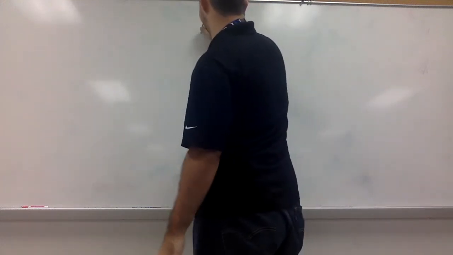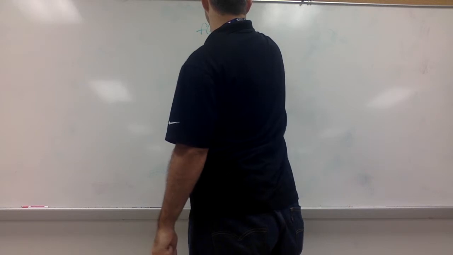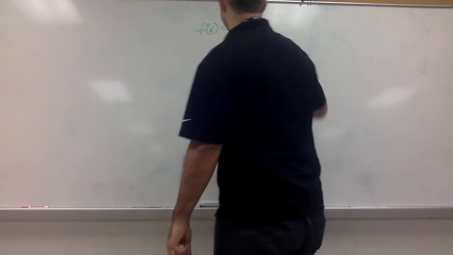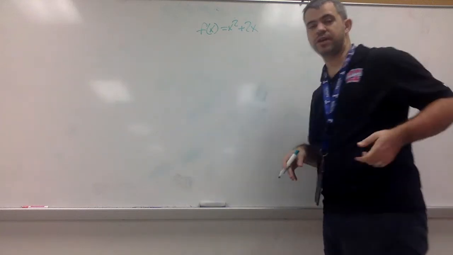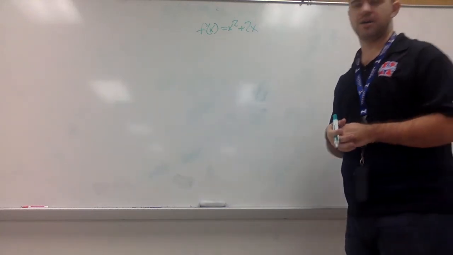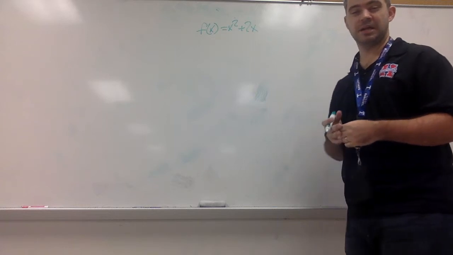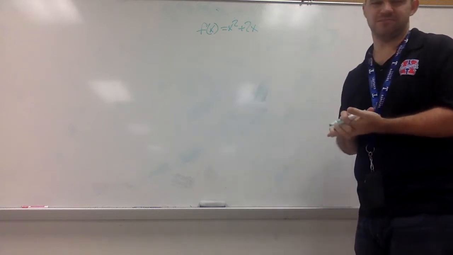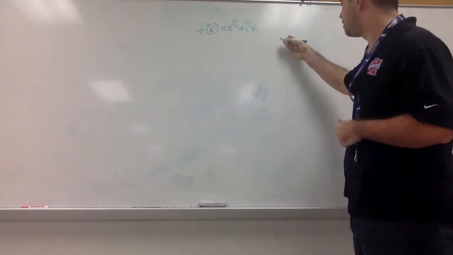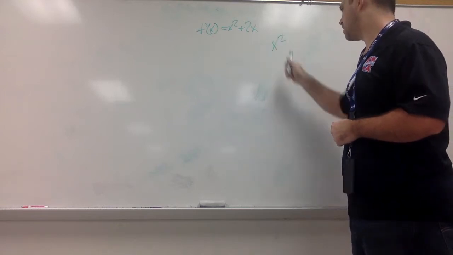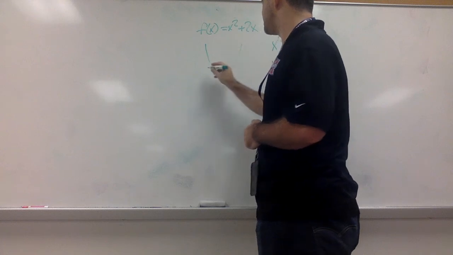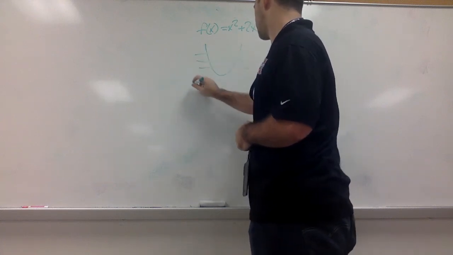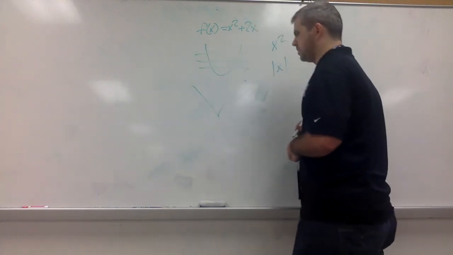Let's try that again. All right, so we're going to see if we can invert this. Without a lot of fanfare, we can't invert this. Some functions that you can't invert, x squared, absolute value of x, any of these even functions fail this horizontal line test.